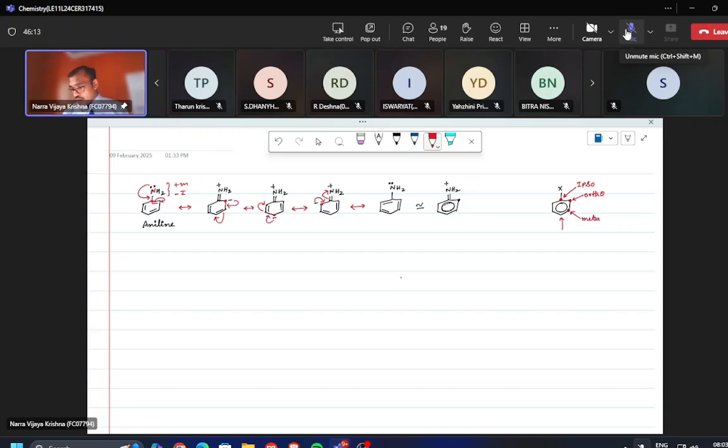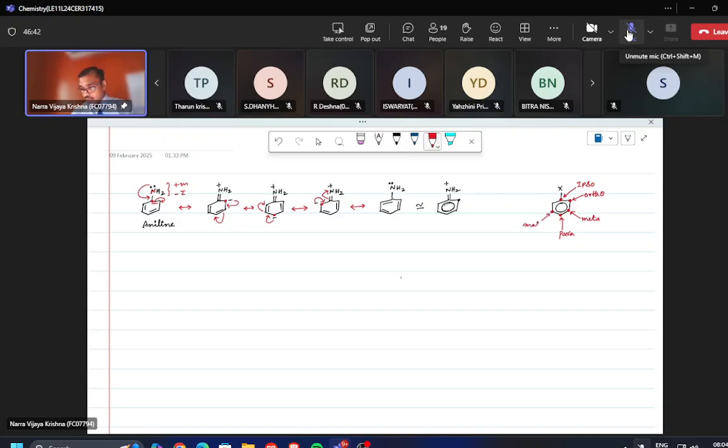And this is called para. So due to plus M, that effect is not seen at which position? Meta position. That's why I am saying the mesomeric effect does not operate at the meta position. Because of that plus M group, you are getting negative charge at ortho and para positions. Correct or not?